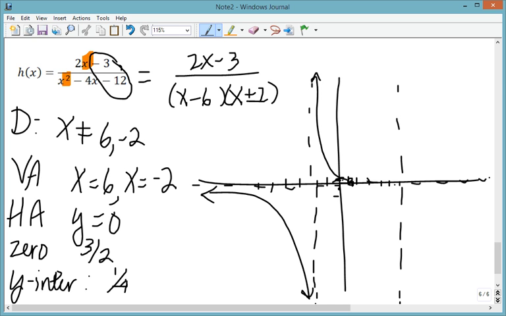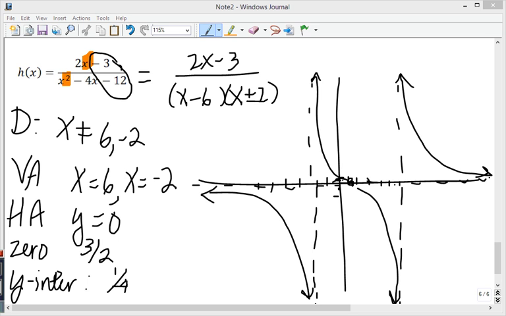After the 0 at 3/2, say at 3, the top would be positive. Then I'd have a negative and a positive, so that's 1 negative, so that would be down. And finally, up here would all be positive, and it would look like that.